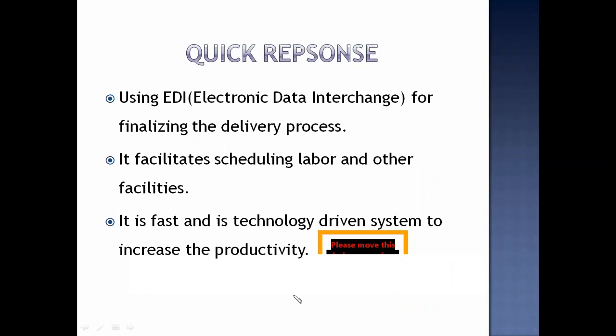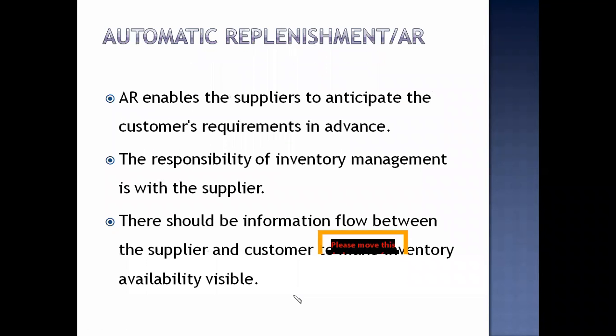So with this fast and dependable response, inventory can be ordered as and when required using IT, and this will result in increased turnover and also improved availability. Main thing is using information technology. As we know, the communication becomes easier and faster. And when this communication becomes easier and faster, that will help in managing the inventory in a better way. That is the meaning here, quick response system.